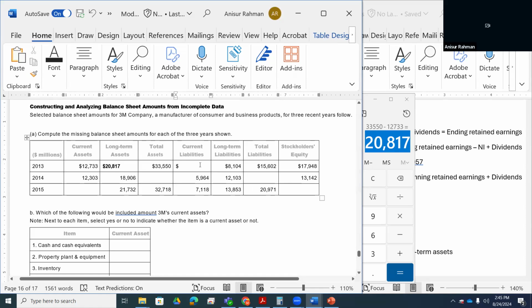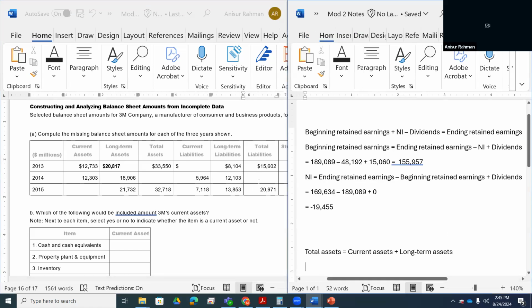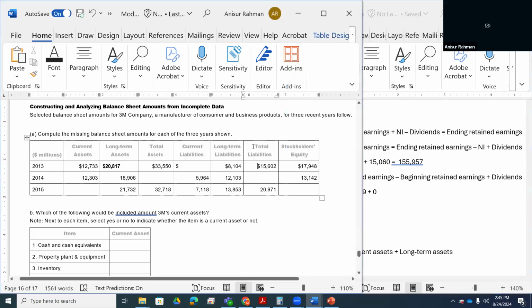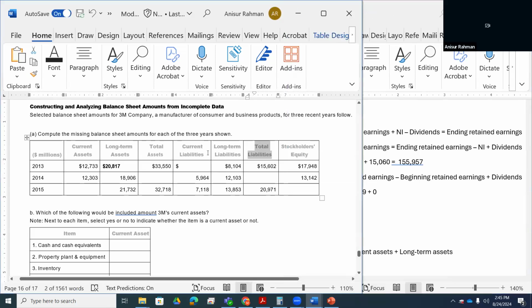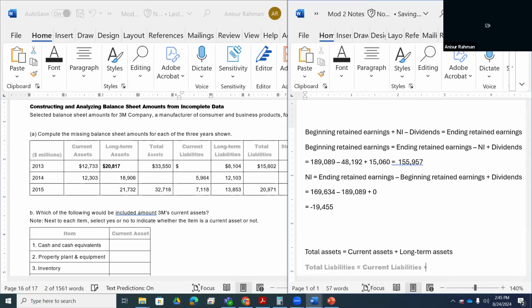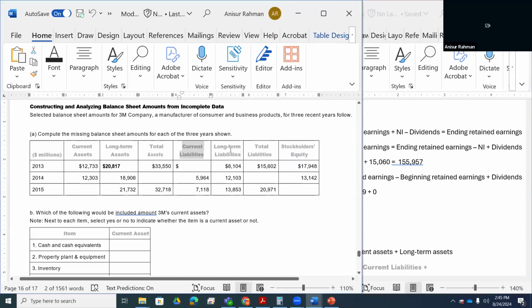Current liabilities, long-term liabilities, total liabilities. We also know that total liabilities is equal to current liabilities plus long-term liabilities.